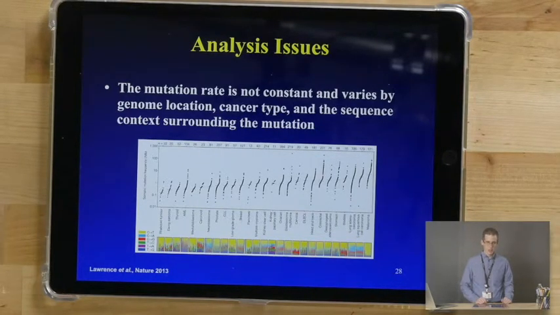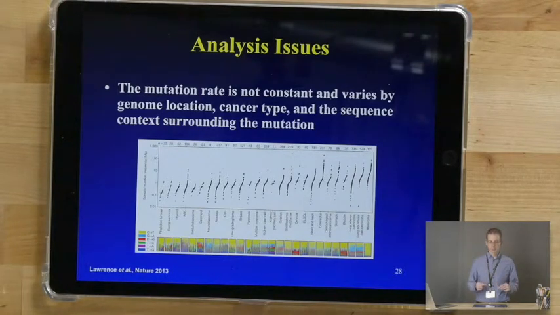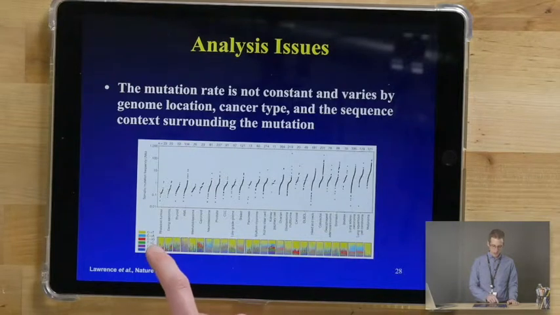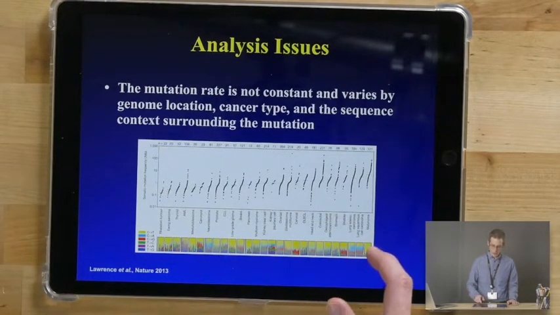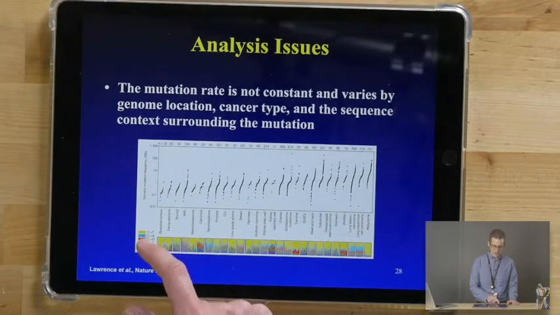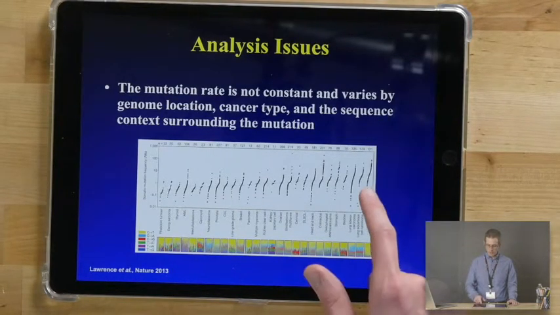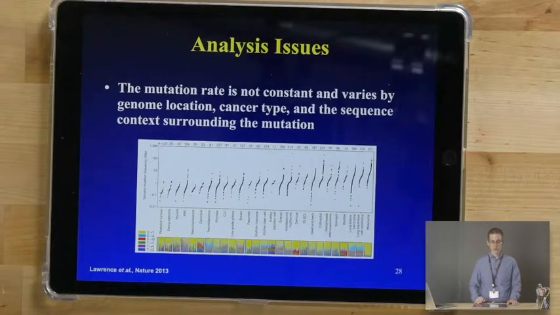In addition, mutation rate is known to vary by the particular DNA change and the sequence context around a mutation. This is shown in the bottom panel here, denoted by different DNA changes being different colors, and it's showing the fraction of mutations that are generated from, say, in yellow, C to T mutations. And so you can see on the far end, which represents melanoma, it's mostly yellow, reflecting C to T mutations.